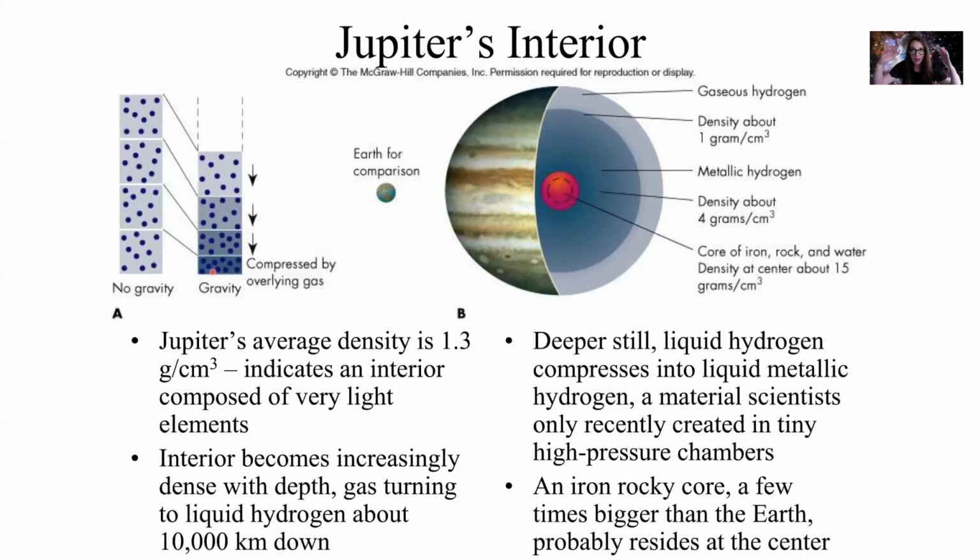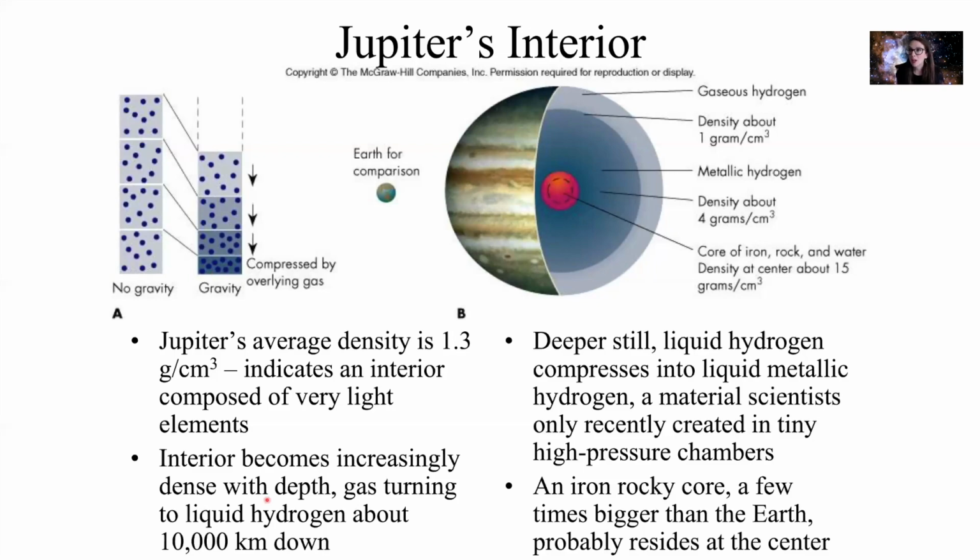We can relate this to the pressure you feel in the ocean or underwater. The deeper down you go in the water, the more pressure your body will feel, because of all that weight of the material on top of you pushing down and being pulled down by Earth's gravitational pull. So the material is going to be denser closer to the center of the planet than in the upper layers of Jupiter's atmosphere.